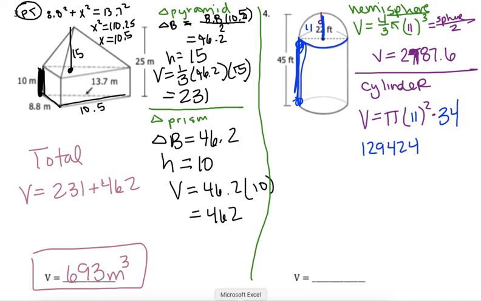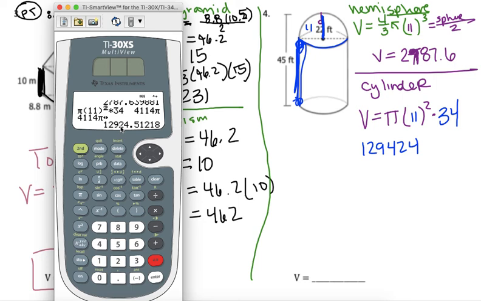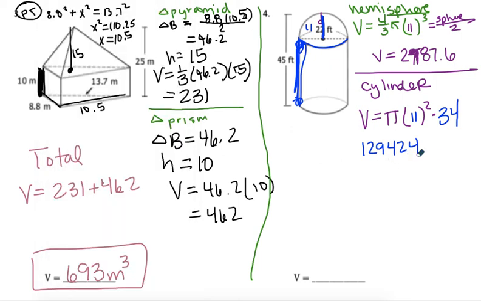I had an extra 4 in there, so it's 12,924, and rounding to 0.5. This is going to be my volume for the cylinder.